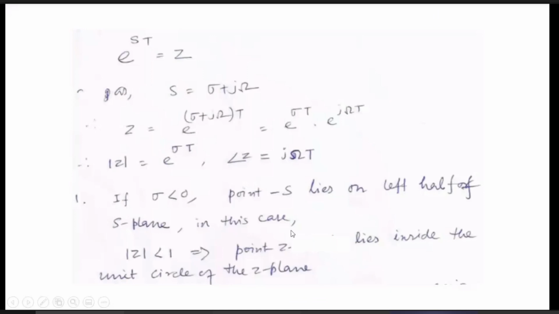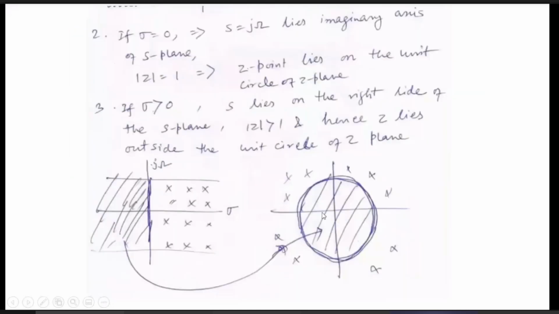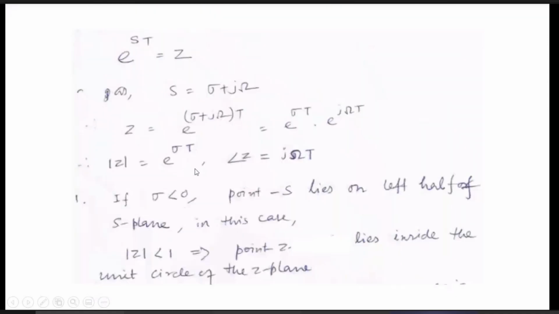Now what is the implication? You can see that by comparing the S plane with the Z plane. So what is the S plane? S can be written as sigma plus j omega.